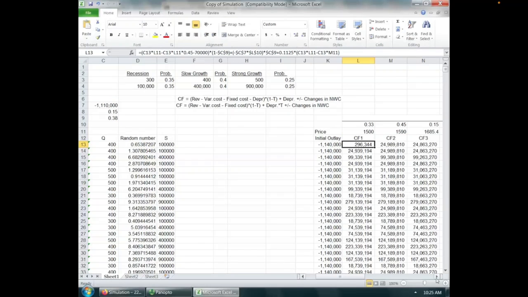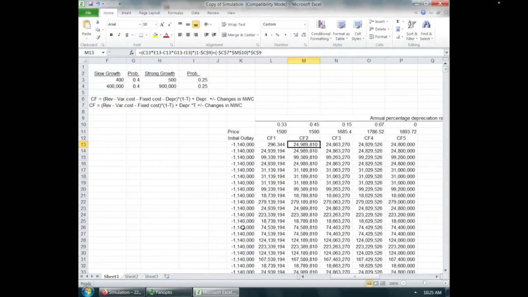And we should generate the remaining cash flows in a similar fashion. So, for example, cash flow year two, we need to take the units that we randomly generated and multiply it now by the price in year two. Okay, so that will be your revenue in year two.